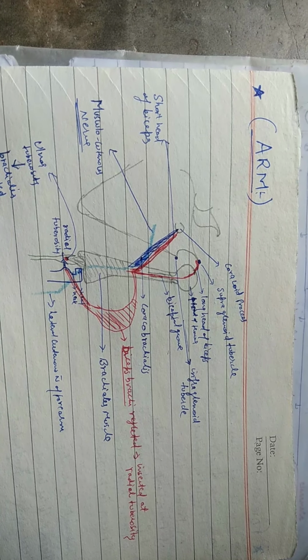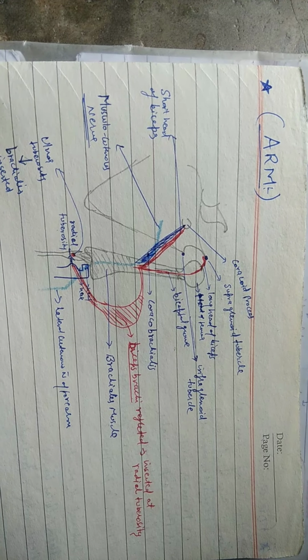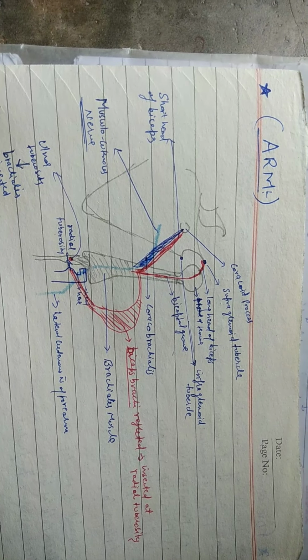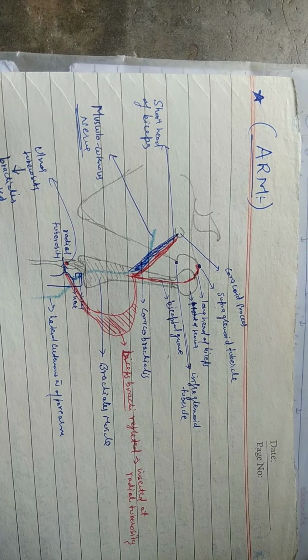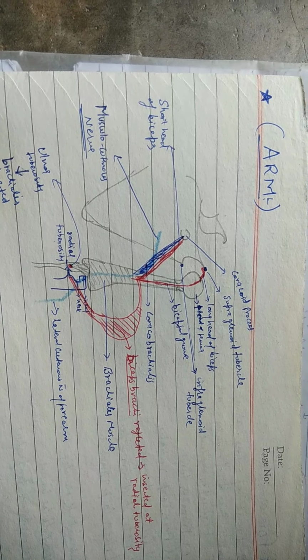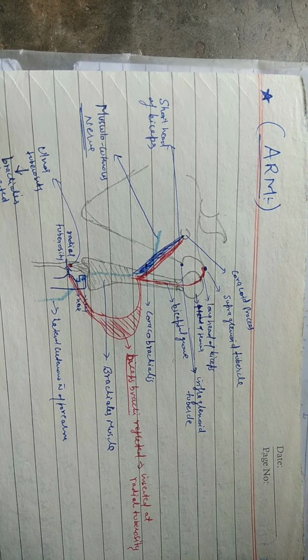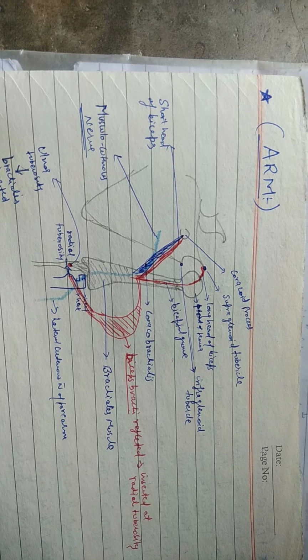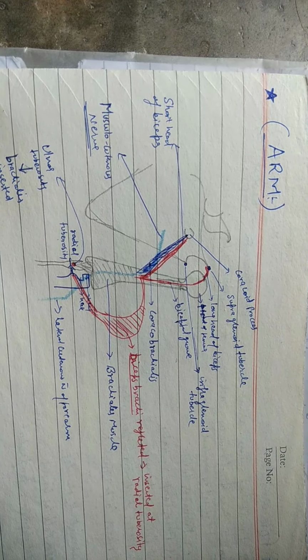Now I will tell you the muscles which originate from there and where they get inserted. So the long head of biceps originates from the supraglenoid tubercle. After that, the long head of biceps goes and gets inserted in the bicipital groove.